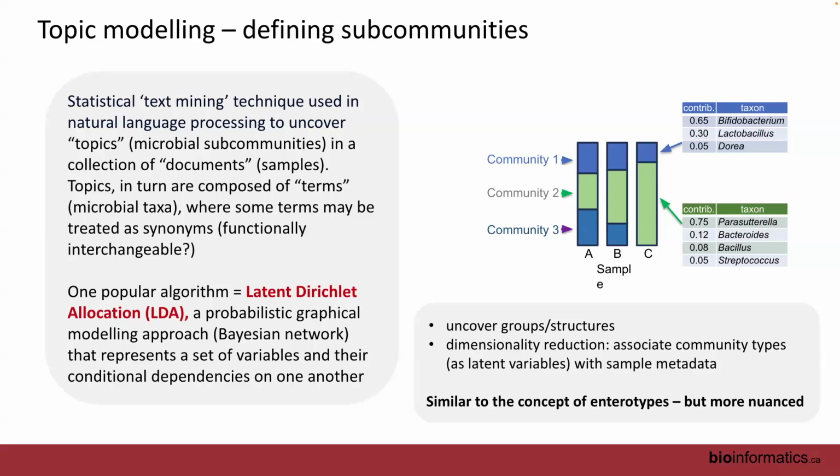Okay, good. Topic modeling. So what is topic modeling? I mentioned that the idea here is a more nuanced version of coming up with enterotypes. It's trying to identify these kinds of sub-communities. That said, we have also applied this to enzymes, okay?